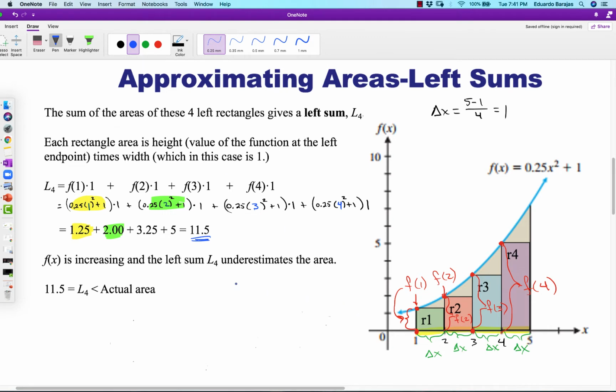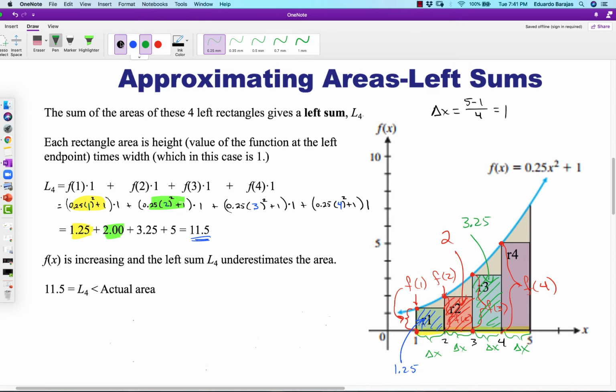Okay, so what this calculation is telling us is that this first area right in here, the first rectangle, that area is 1.25 units. And that this second rectangle, the area right in there, that area is 2 units. And that this third rectangle, that whole area right in there, is equal to 3.25 units.